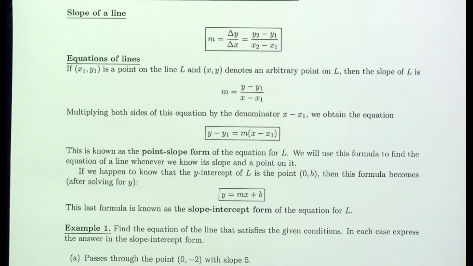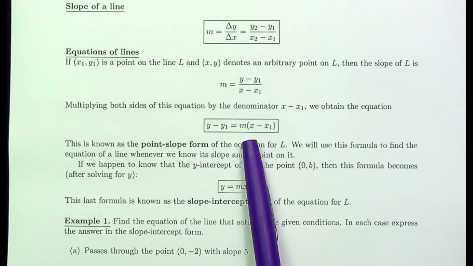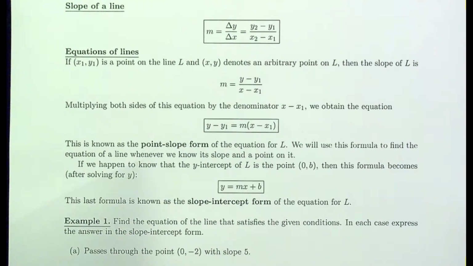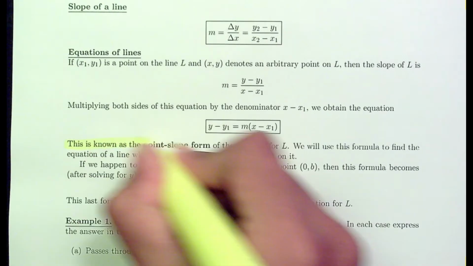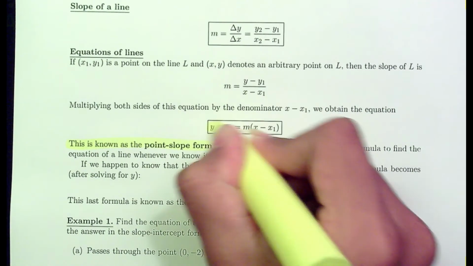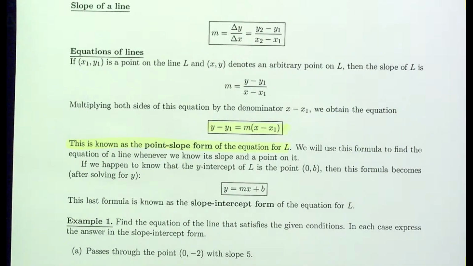Okay? And that is known as the point-slope form of the equation of a line. And that is a formula that is very, very useful and that you should memorize. Okay? You should memorize that.